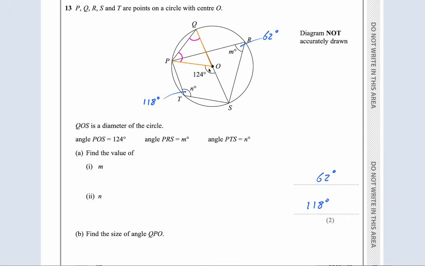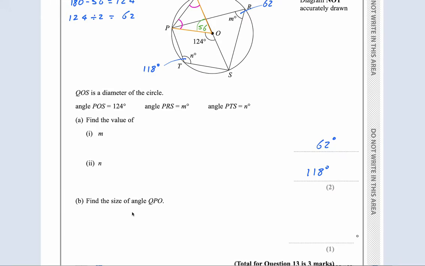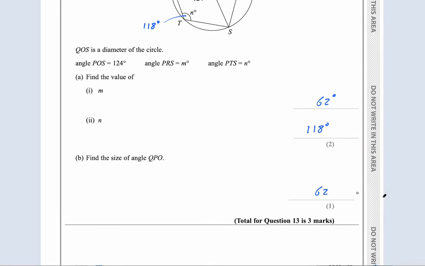And if this is 124, then this has to be 56 because this plus this has to equal 180. Then 180 minus 56, well, I know that it's 124. These two angles have to add up to 124, and I know they're equal, so I just have to divide by 2 to get my answer. Guys, put your working down here, but this is 62 degrees.